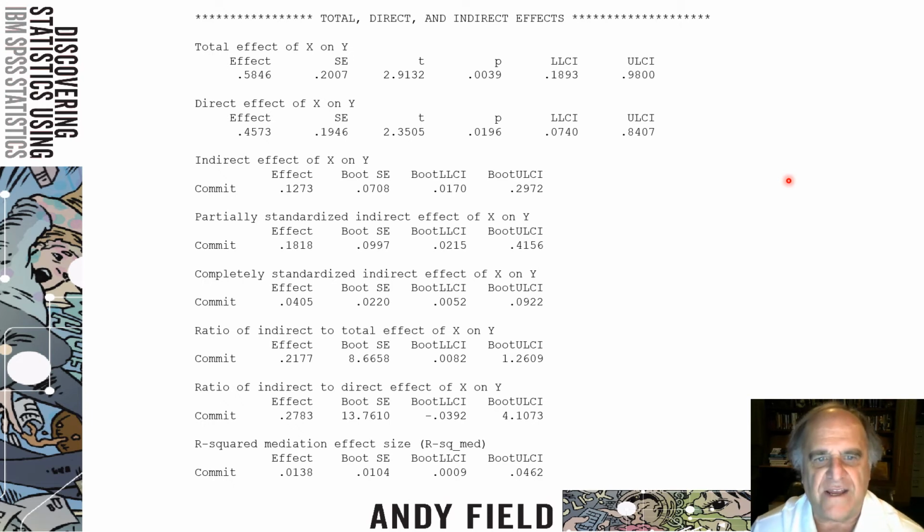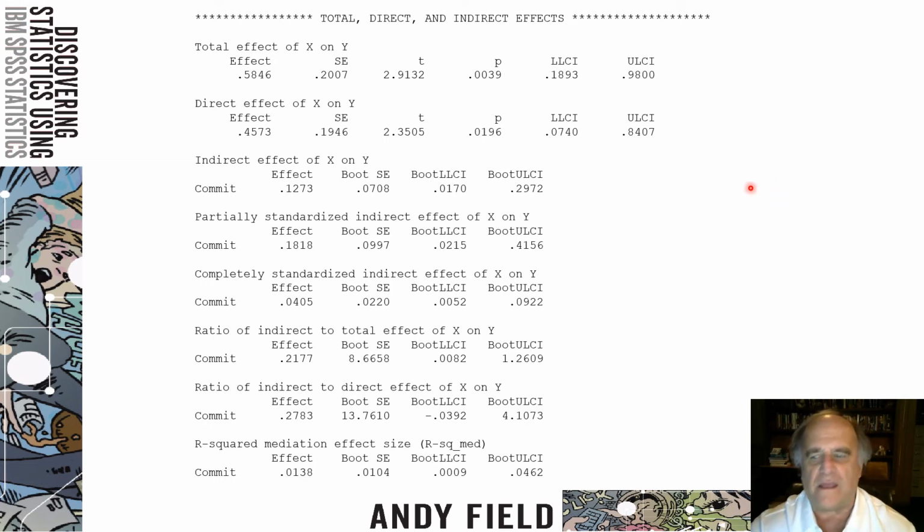That's your indirect effect of x on y, and you can see that this does not include 0, although some people would caution against using this alone to determine whether the indirect effect is significant or not.